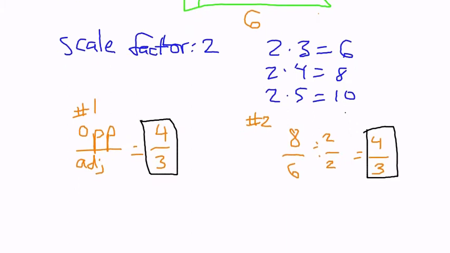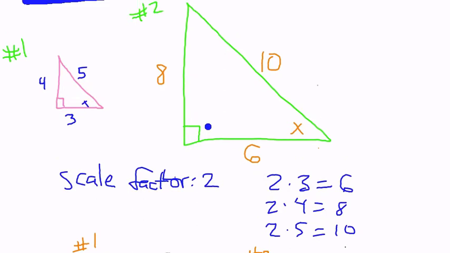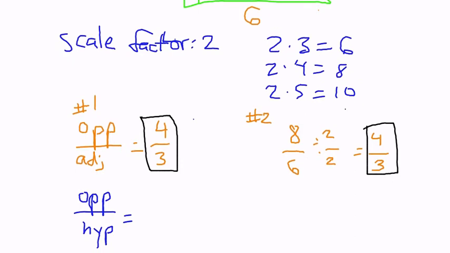Let's look at the side opposite to X over the hypotenuse for triangle number 1. Opposite is 4 and hypotenuse is 5, so that would be 4 over 5.